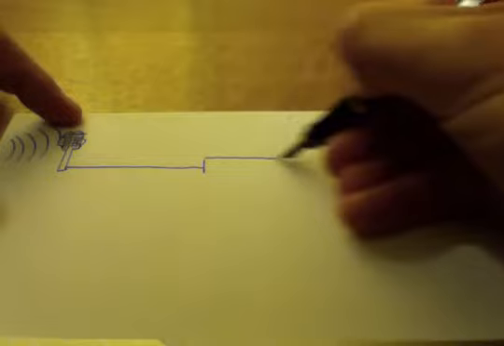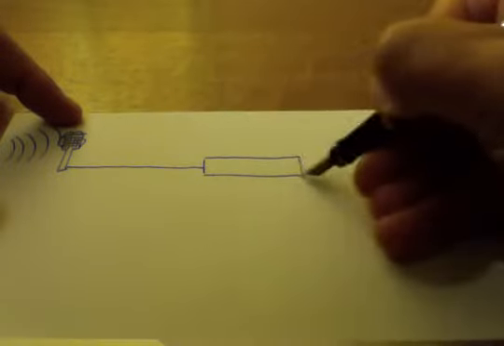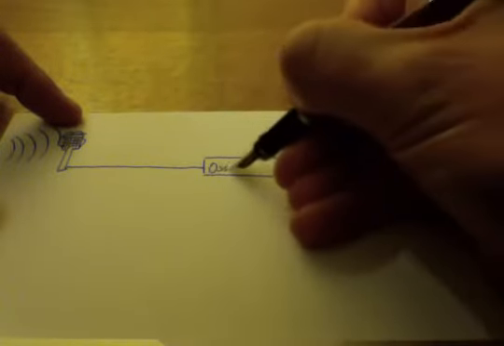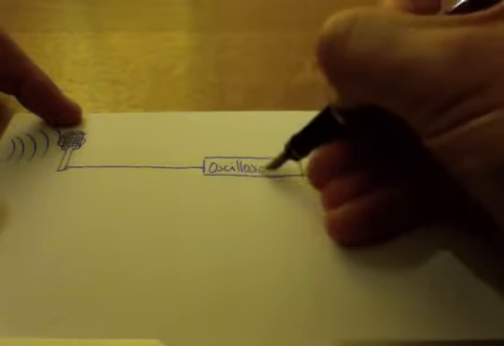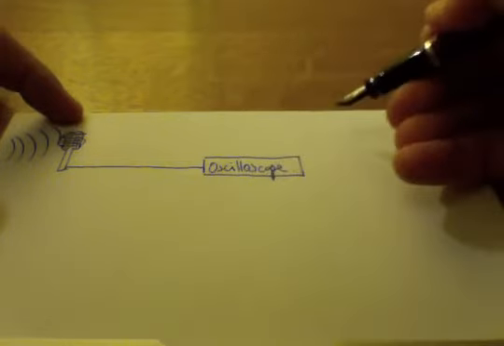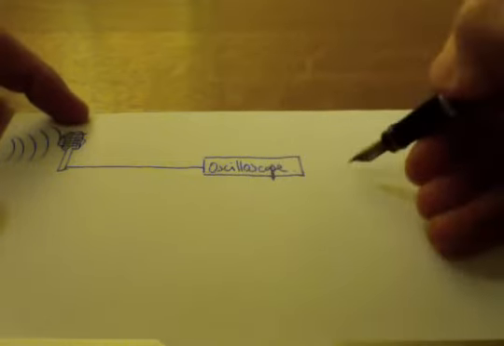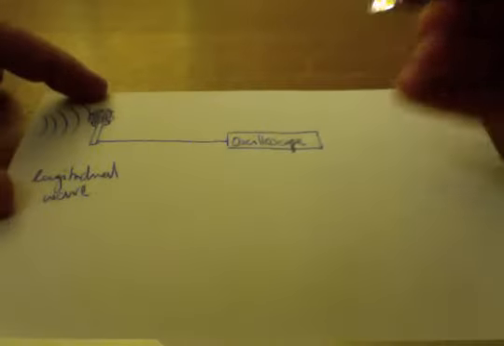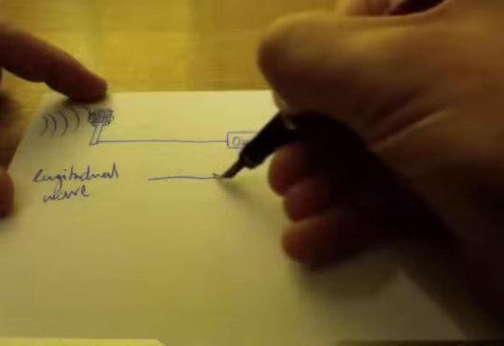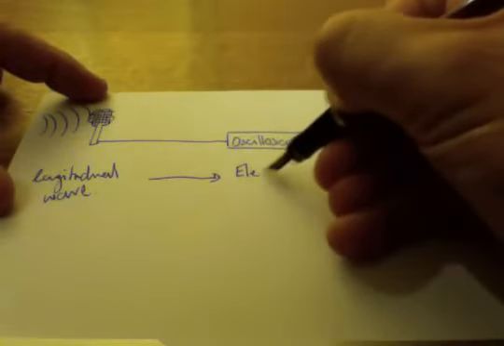My microphone can be connected to an electrical device that reads it, which we call an oscilloscope. And what the oscilloscope does is that it changes my longitudinal wave, which is the vibration of sound, and it changes it into an electrical signal.